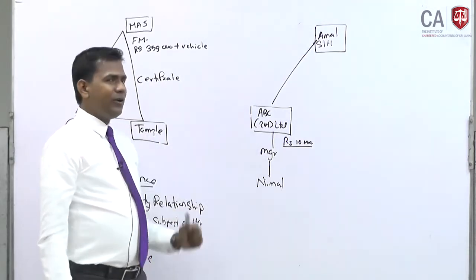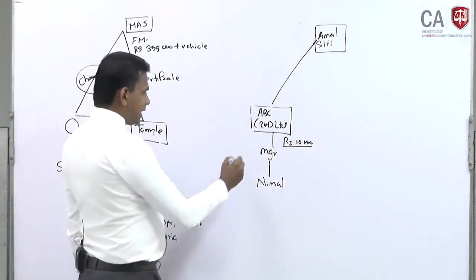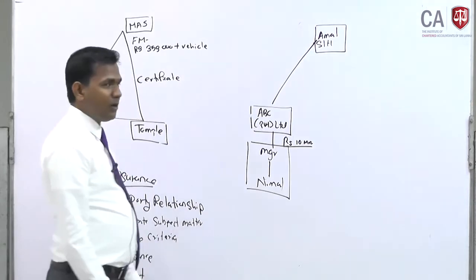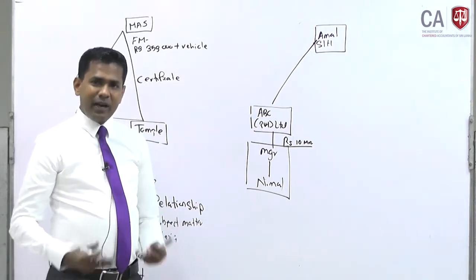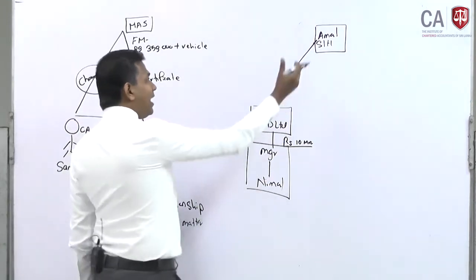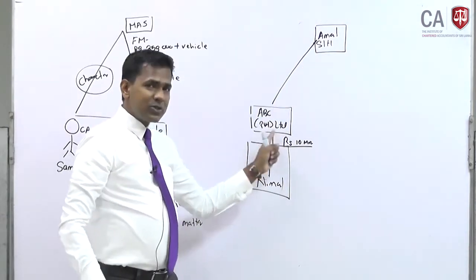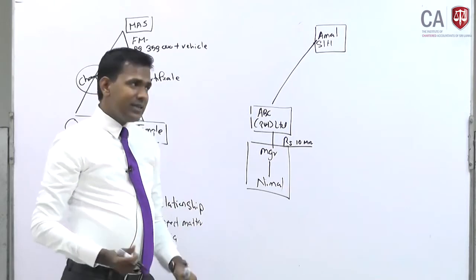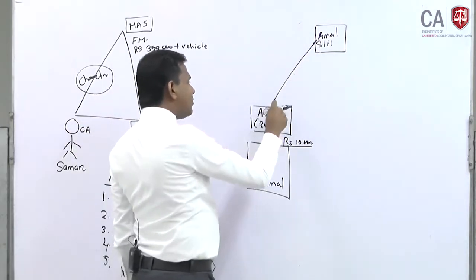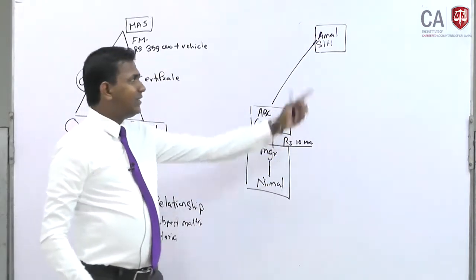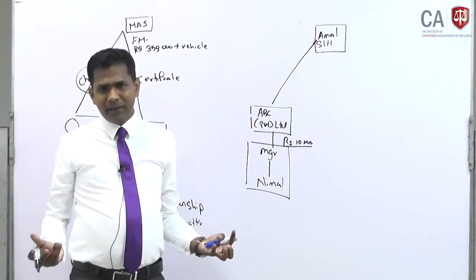So at the end of the year, after business activities are conducted by Nimal with the involvement of other staff, Amal wants to know what happened to my business. What happened to my money? I invested 10 million, what happened to my money?